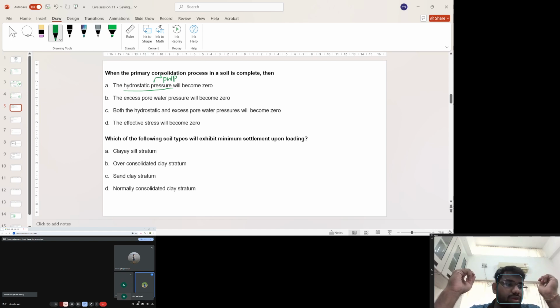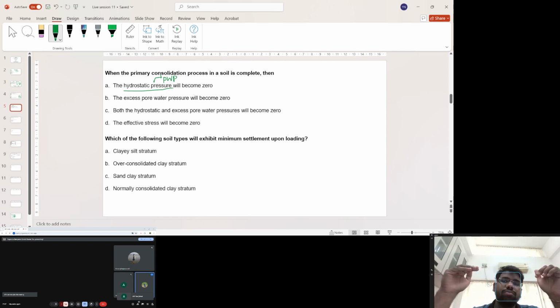Here, always in the consolidation process, that is the primary consolidation process, the pore water pressure which is developed due to the application of external load, only that will be expelled, not the entire pore water pressure. It is not that the entire pore water pressure will become 0.